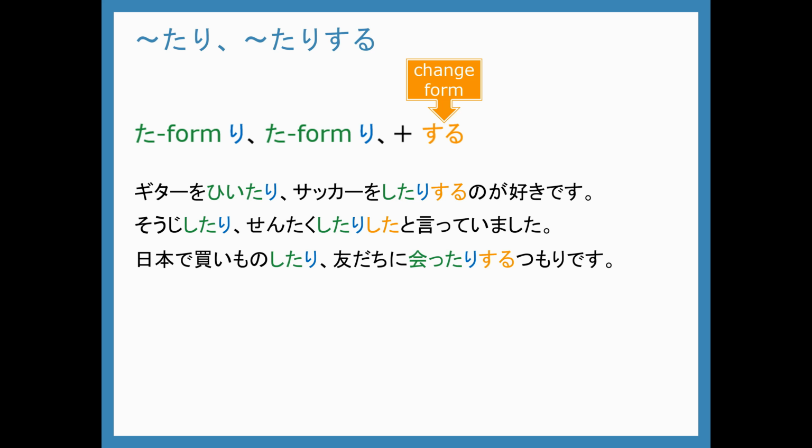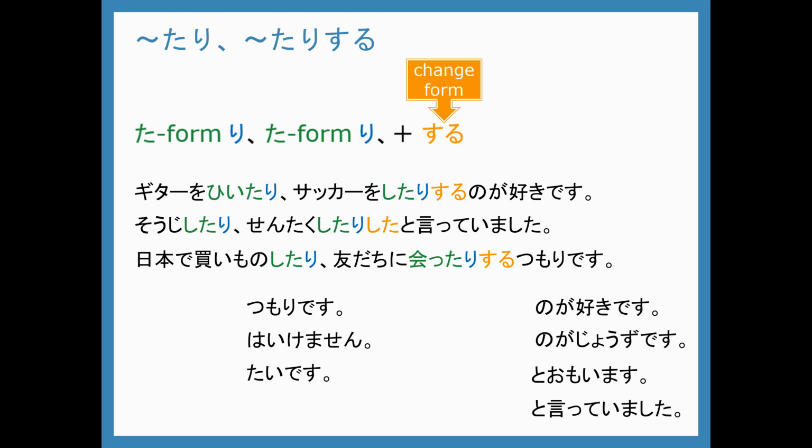So the する is where we indicate what we're doing with this whole sentence. We can end with する or しないつもりです。してはいけません。You're not allowed to do it. したいです。I want to do it. するのが好きです。I like to do it. するのが上手です。I'm good at doing it.